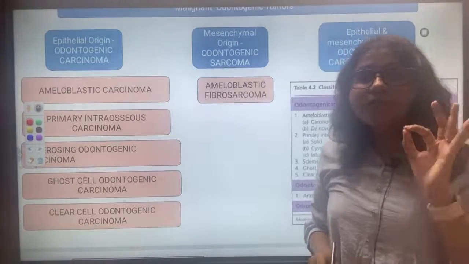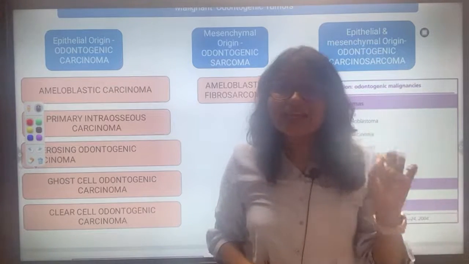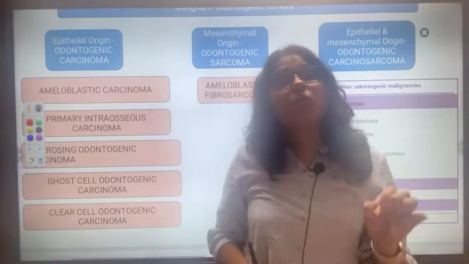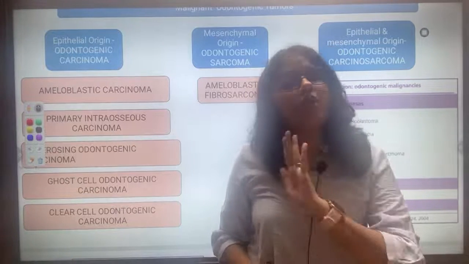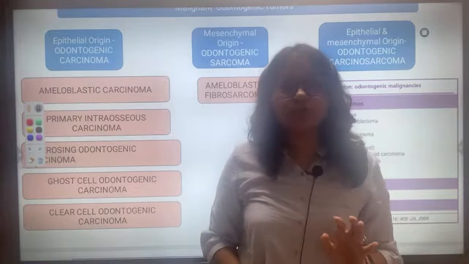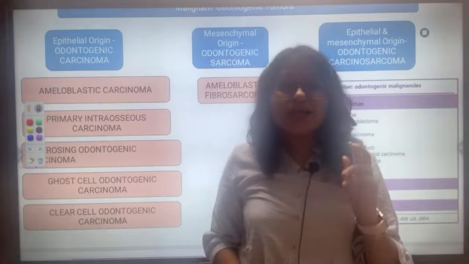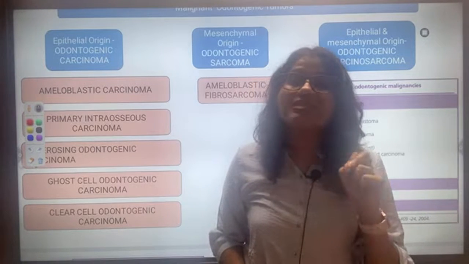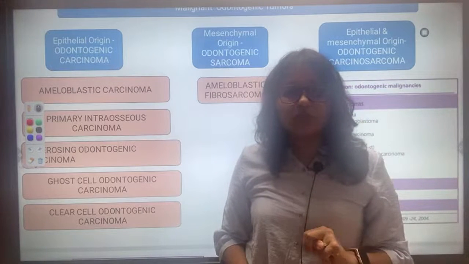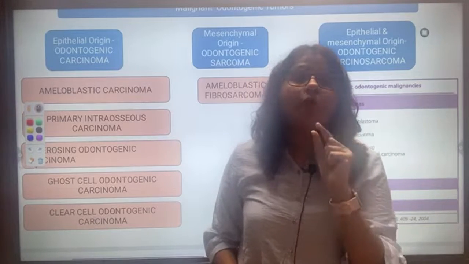One thing to remember, whenever a malignant tumor arises from any type of epithelium, it is always called carcinoma. Always. Carcinoma means a malignant tumor of epithelial origin. And second, a malignancy arising from connective tissue is always called a sarcoma. Okay. So, carcinoma and sarcoma, remember these two things, and any benign tumor will always have the OMA, O-M-A.